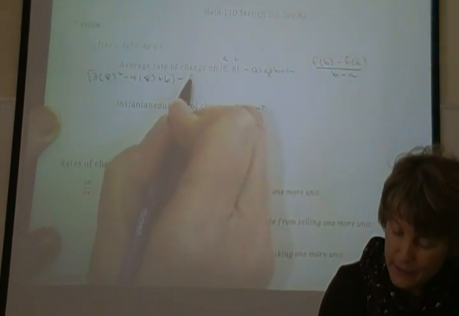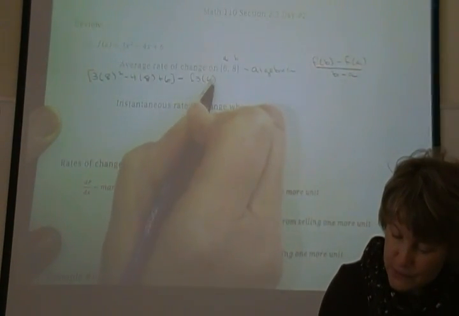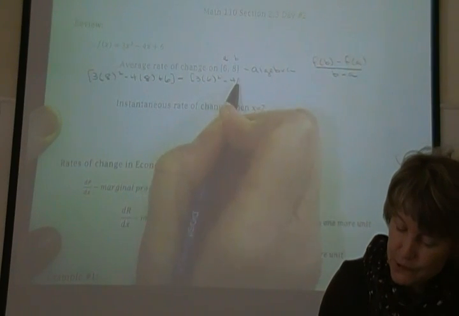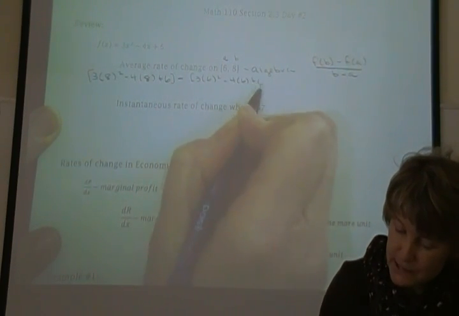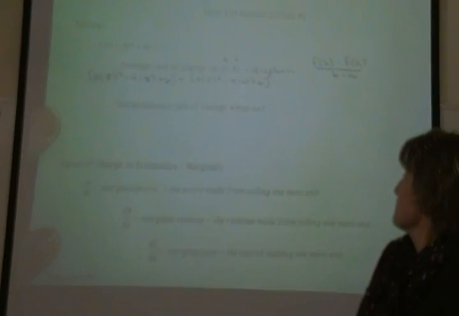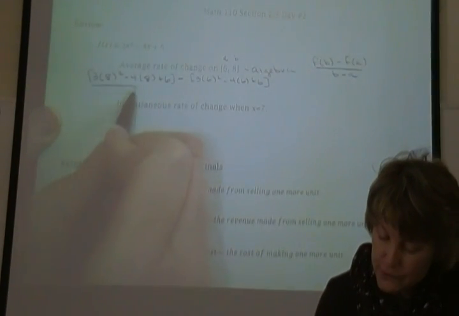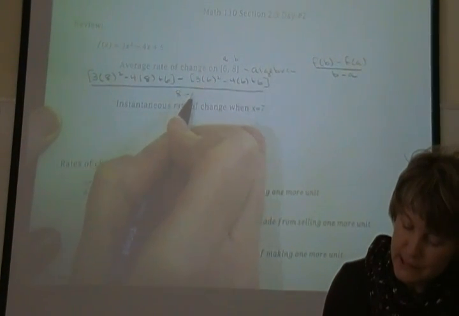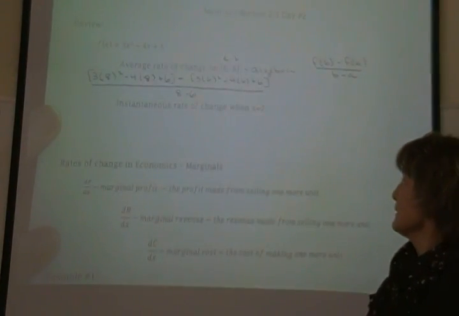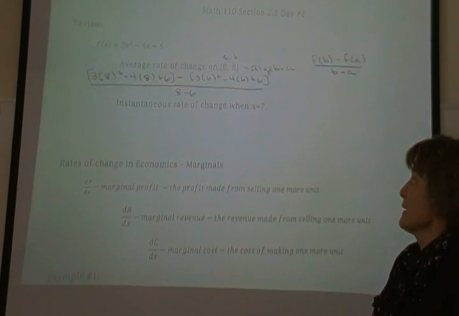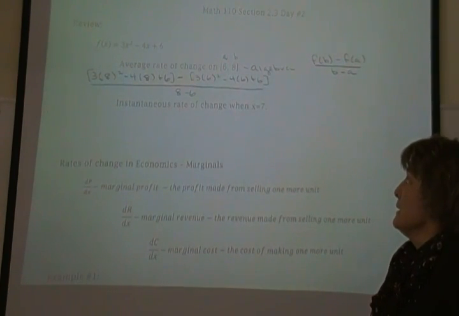And so you're going to get 3 times 6 squared minus 4 times 6 plus 6. And you're putting that all over b minus a, which is 8 minus 6. You have to calculate that out and come up with a value for that.